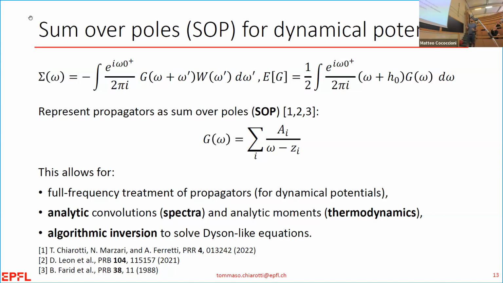But still, you need to deal with this thing. And so in the end, what actually happens in practice is that you need to do a lot of convolutions. And what is a good way to do integrals, let's say, over frequency? A good way to do integrals in a computer is to write something on a basis, like the plane wave basis, and you compute the integral because you know how to do Fourier transform.